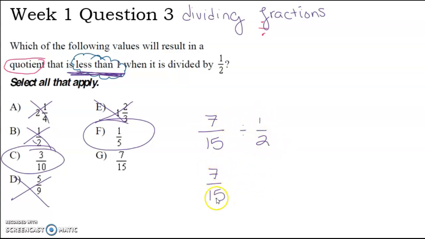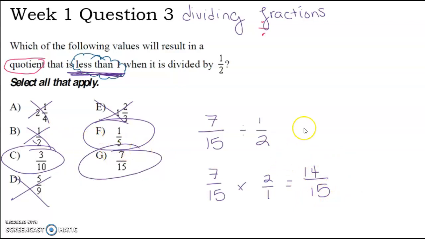Keep, change, flip. 14 over 15. That is under the number 1. Barely, but it's there. Okay, I know I went fast in this last one, but you are welcome to pause and rewatch it and rewind, and there will be more videos.